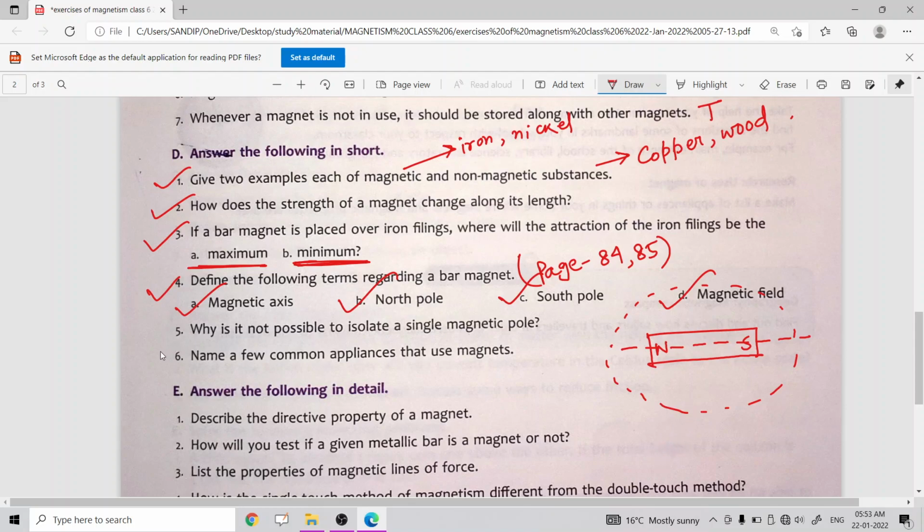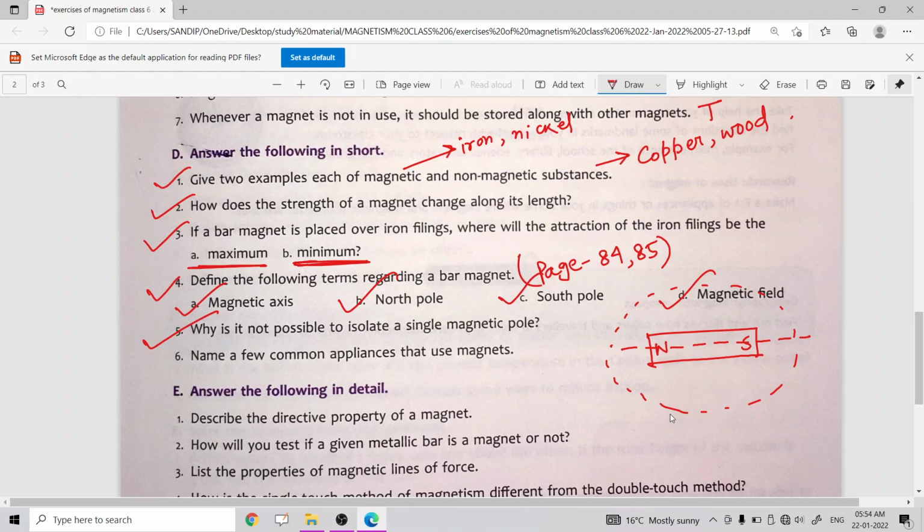Now question number 5, that is, why is it not possible to isolate a single magnetic pole? That means we cannot get any single pole, only north or only south; it is impossible to isolate. Why?